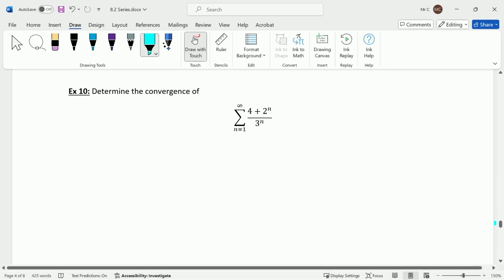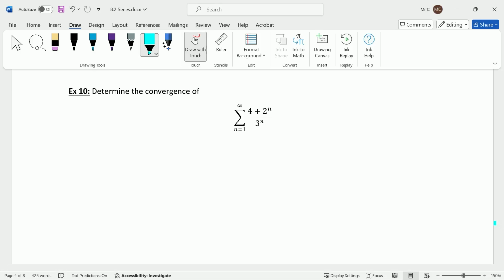So, example 10, determine the convergence of the series from n equals 1 to infinity of 4 plus 2 to the n over 3 to the n. So, I'm going to split up this sum, n equals 1 to infinity, of 4 over 3 to the n plus 2 to the n over 3 to the n.